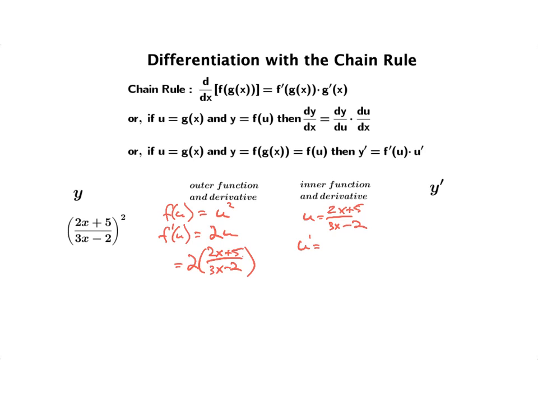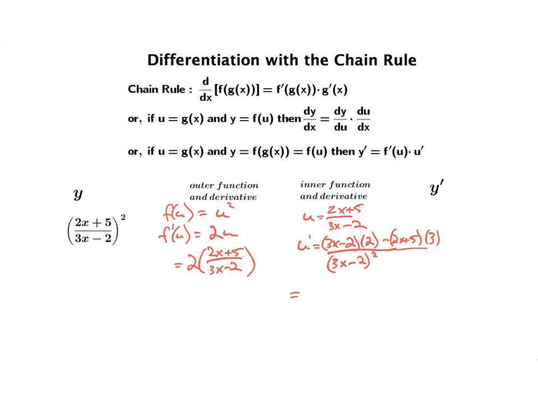Well, u prime is going to use the quotient rule. So we put the denominator of our function on top and bottom and square the bottom times the derivative of the top, minus the top times the derivative of the bottom.